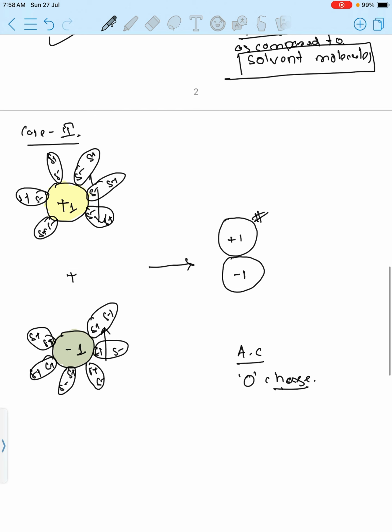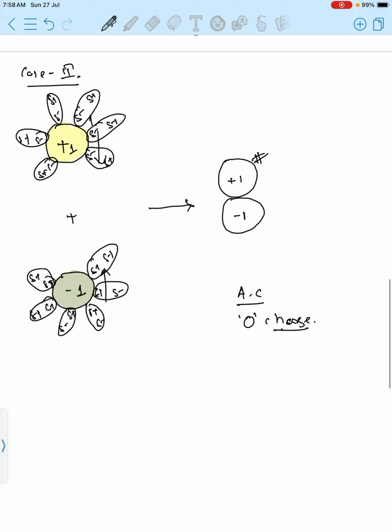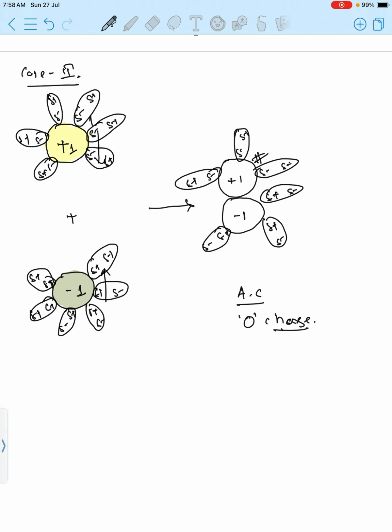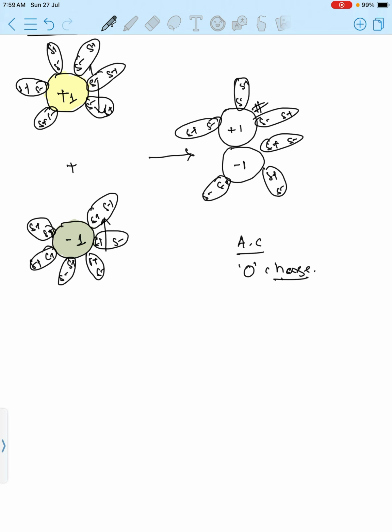But when the activated complex is forming as a whole, what will actually happen? As the number of charges is decreasing on the activated complex, therefore the number of solvent molecules associated with the activated complex also decreases.